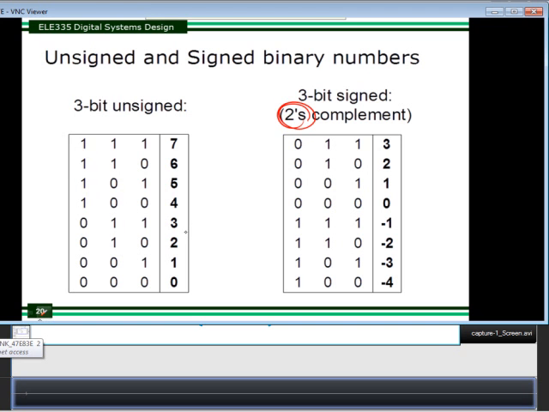We need, of course, to be able to represent both signed and unsigned, positive and negative numbers in binary. There are 2 ways that we can do it. We can either use the most significant bit as a sign bit.